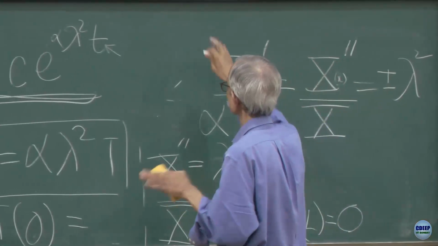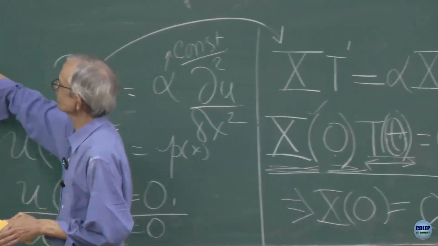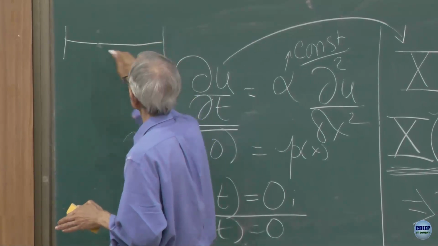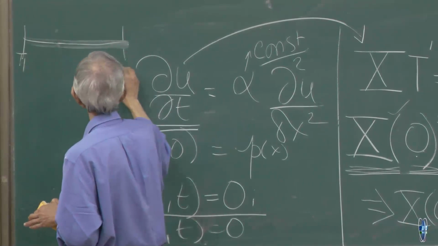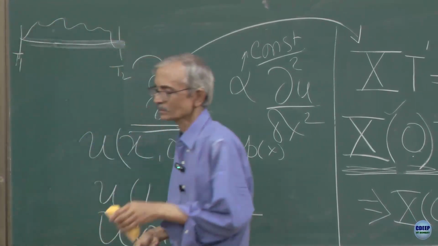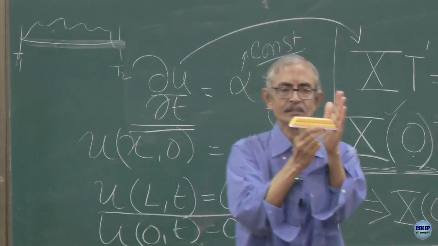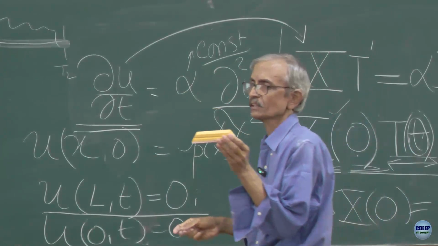Just to once again bring this example back, I had a rod. The temperature on this side was T1, the temperature on this side was T2. Initially, this is my rod, temperature is T1 here, temperature is T2 here, and I leave it.